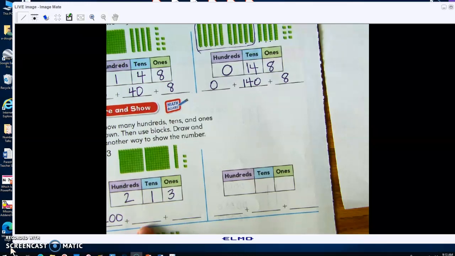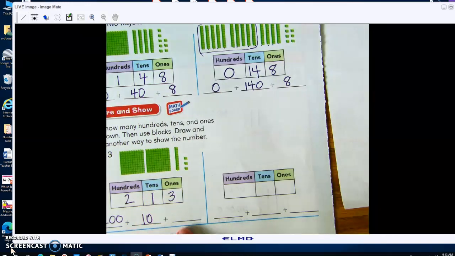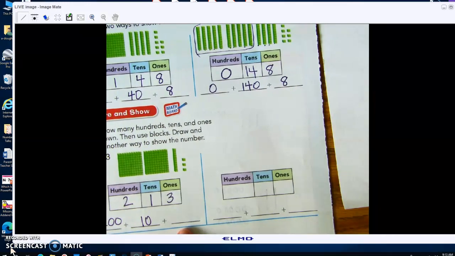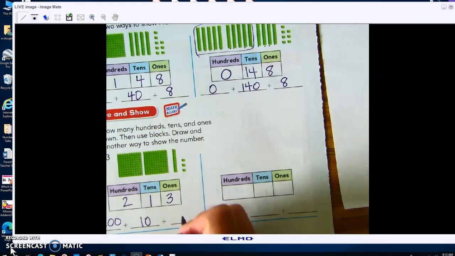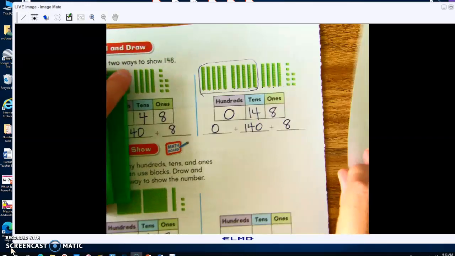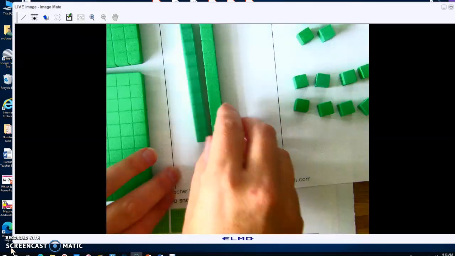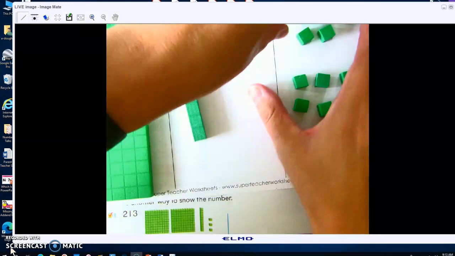What number do I write here when I expand it out? 10. And what is the value of my 1, Xavier? 3. 200 plus 10 plus 3. Let's do this on our board here. 200, 10, and 3.